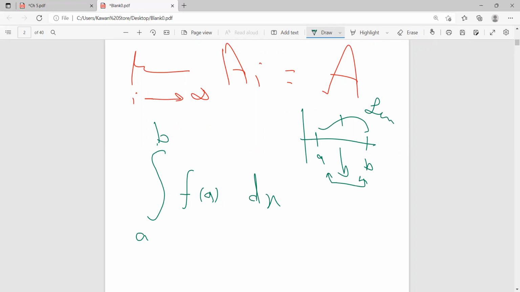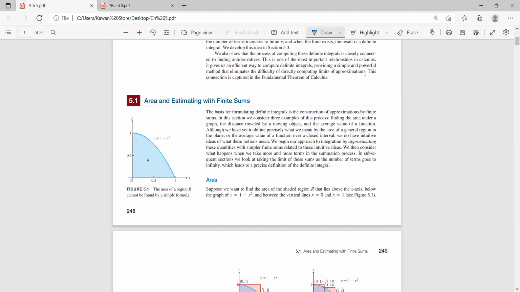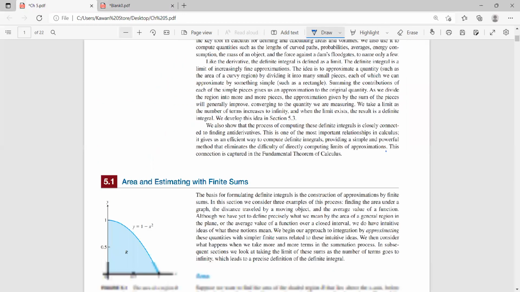So in terms of the boundary, it's from the beginning to the end. The name of the man who found these subjects is Riemann. So we have a Riemann integral. Sometimes you hear about the Riemann integral. And you can see all these things that I said about the area.